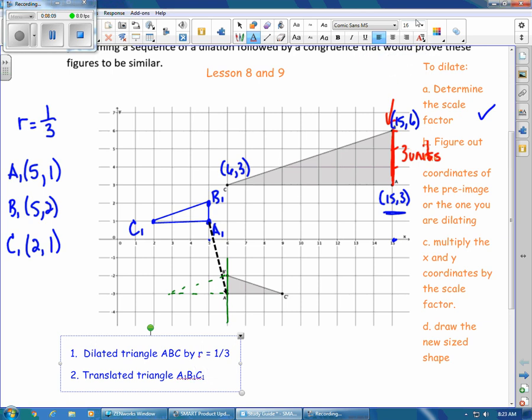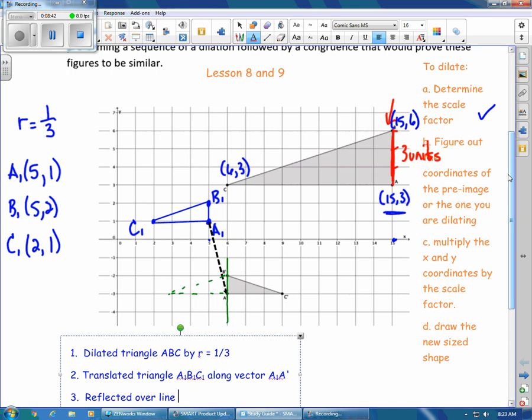Okay, so I translated A sub 1, B sub 1, C sub 1 along vector A sub 1 A prime. And then finally, the third thing I did is I reflected over line AB.